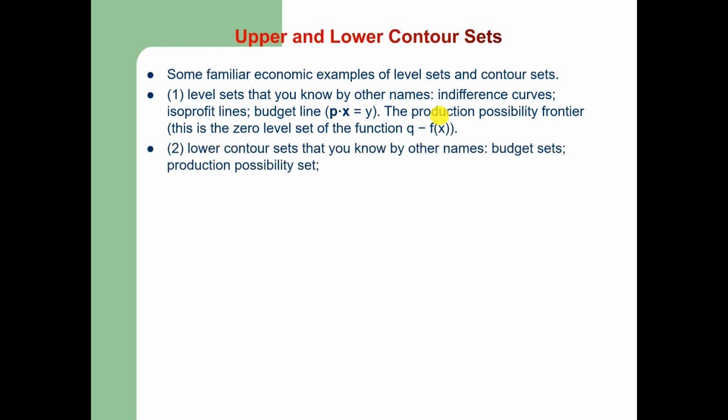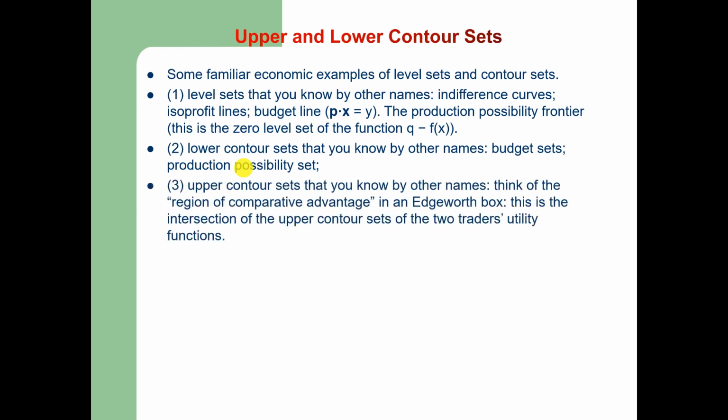Lower contour sets that you know by other names include the budget set, that is the area below the budget line, and the production possibility set, that is points below the production possibility frontier in the xy plane in a two-dimensional diagram.